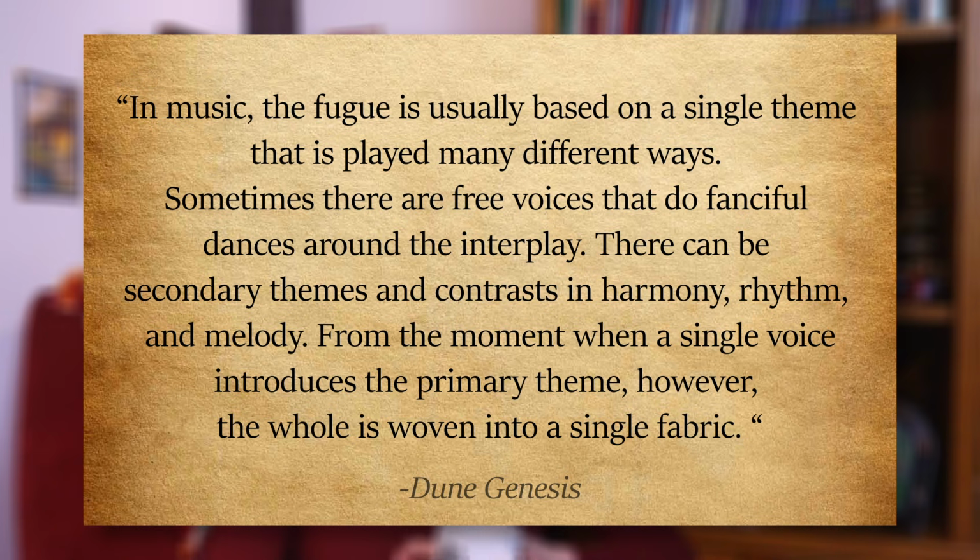Sometimes there are free voices that do fanciful dances around the interplay. There can be secondary themes and contrasts in harmony, rhythm, and melody. From the moment when a single voice introduces the primary theme, however, the whole is woven into a single fabric. In God Emperor of Dune, that fabric is ripped apart entirely, and humanity is set loose on the universe.